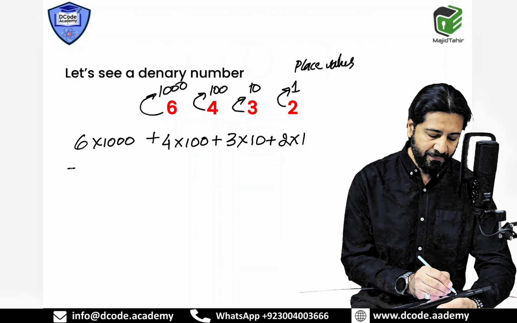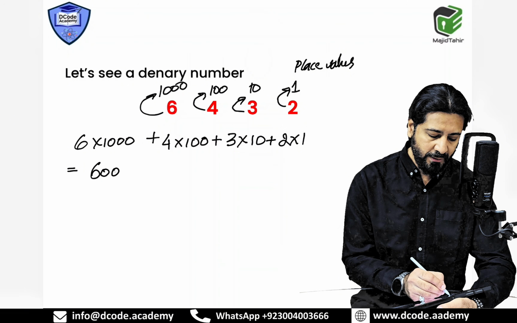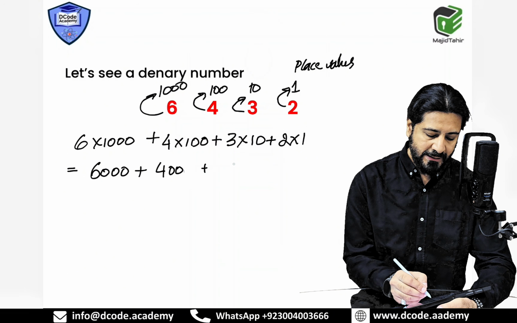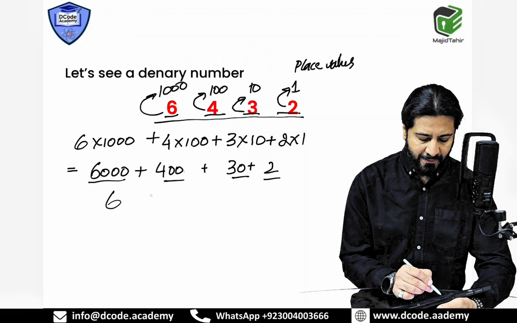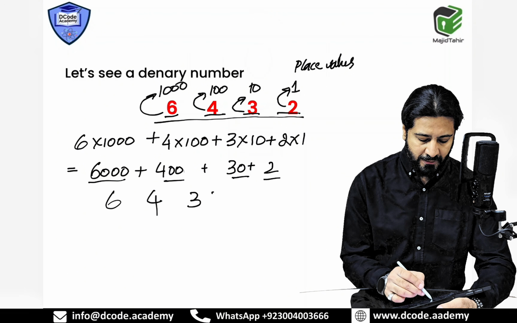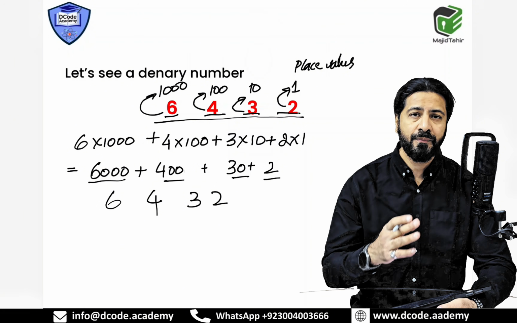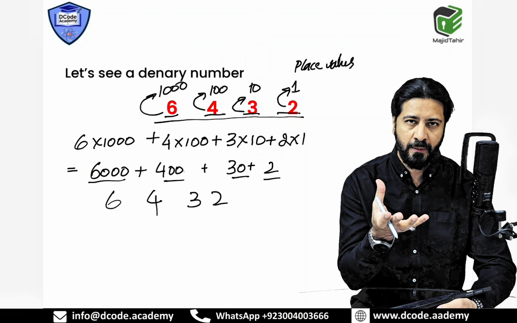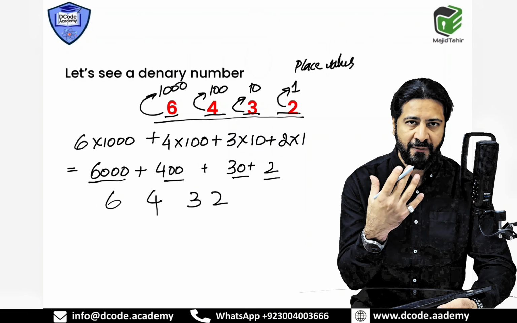So we get 6,000 plus 400 plus 30 plus 2, and you can write down your complete number. So this is how the number system works. A number is made up of place values, and that is how we have to do it.